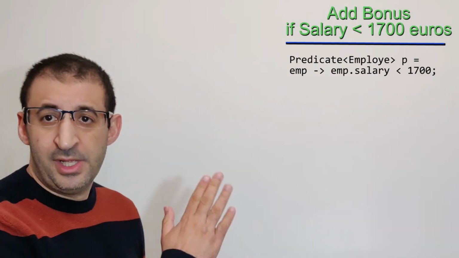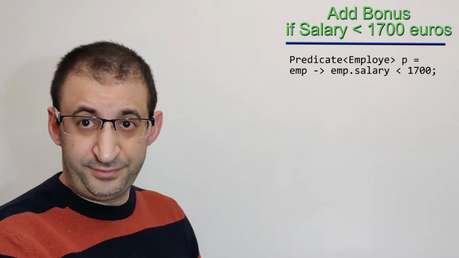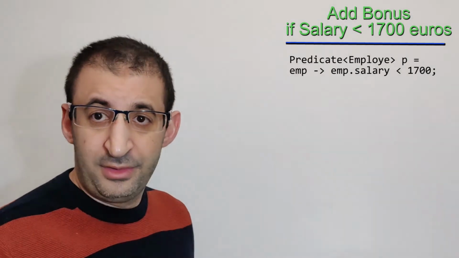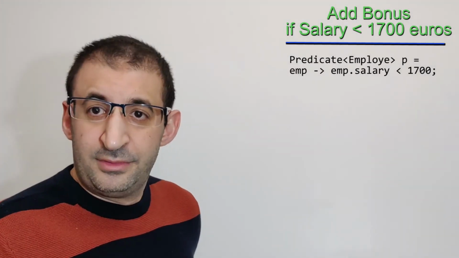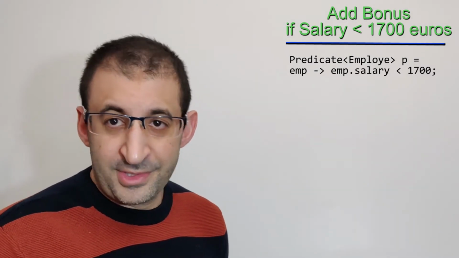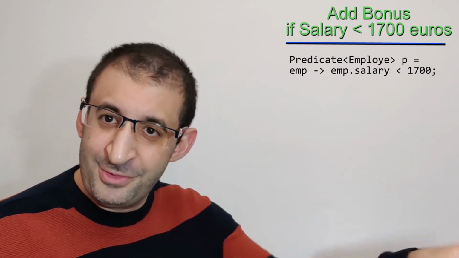It's so simple. We have Predicate of Employee, P equals e, simple arrow, e.salary less than 1,700 euros. That's our predicate. If we have it, good. If we don't have it, we write it again.